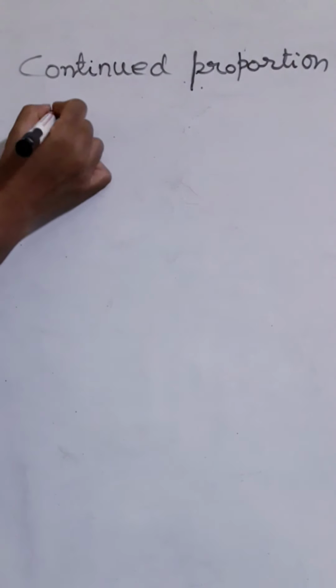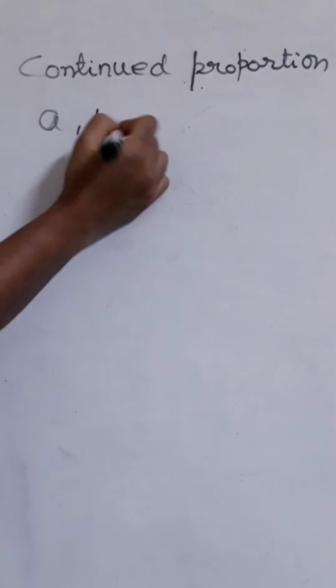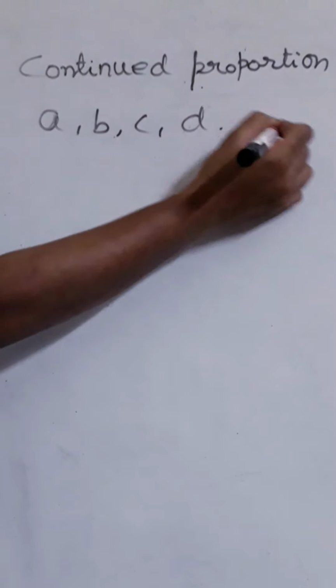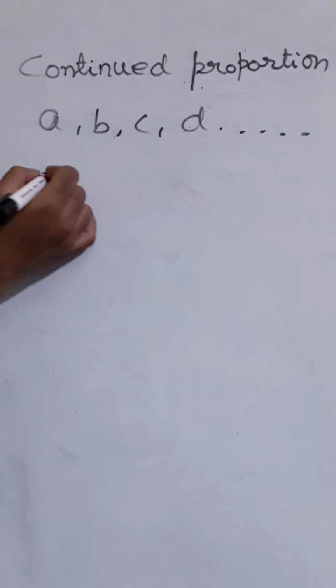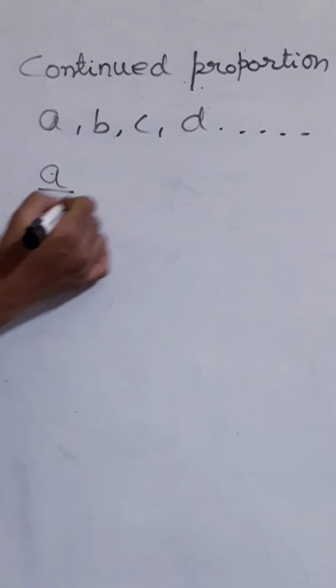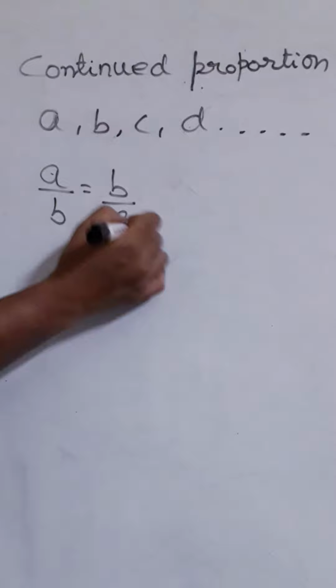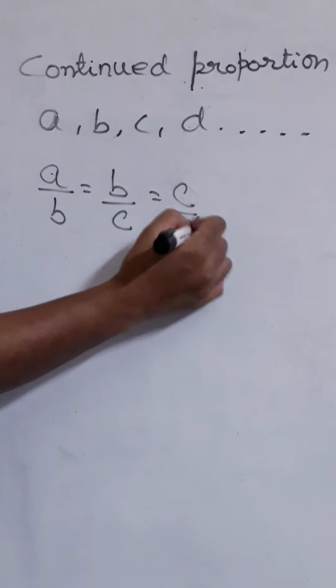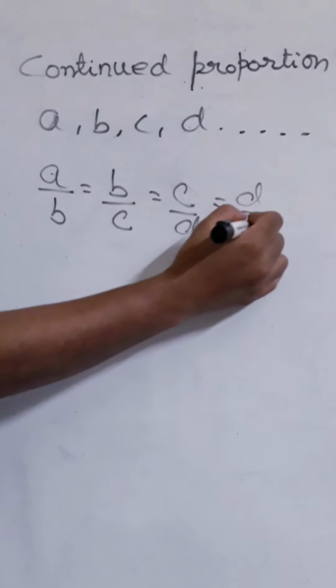Now we are coming on continued proportion. Suppose we have the numbers a, b, c, d and so on. If they are in continued proportion, then we can write a upon b equals to b upon c equals to c upon d equals to d over f.